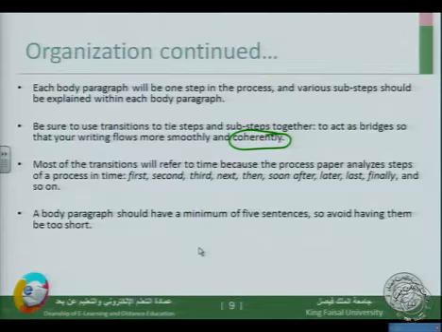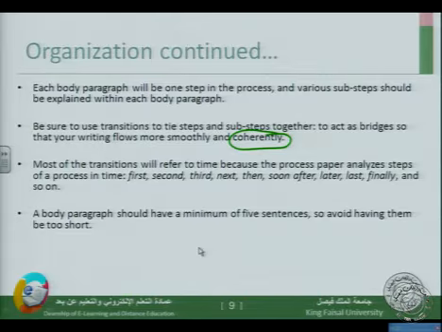So a body paragraph should have a minimum of 5 sentences. My advice is to avoid writing them in short form. Just avoid having them too short. You need to write 4 to 5, but at least 5.